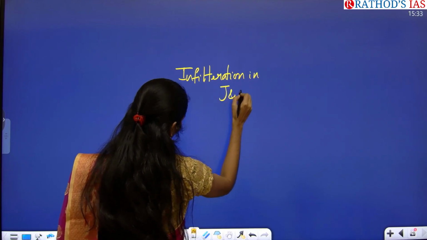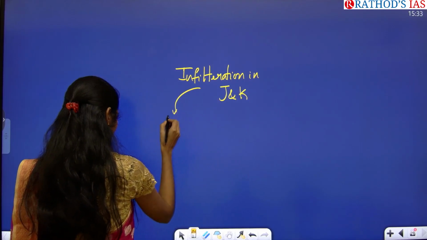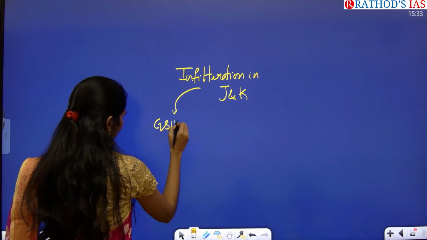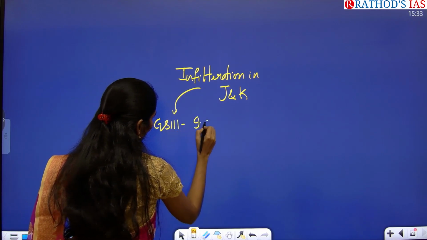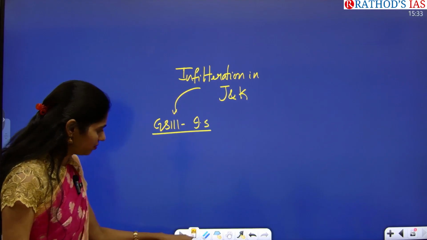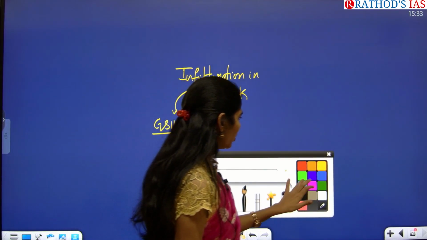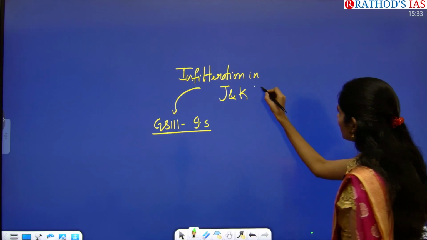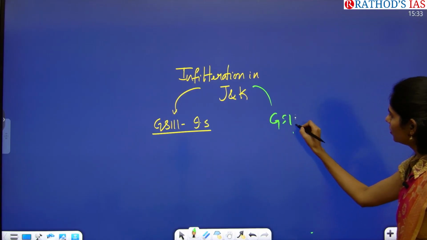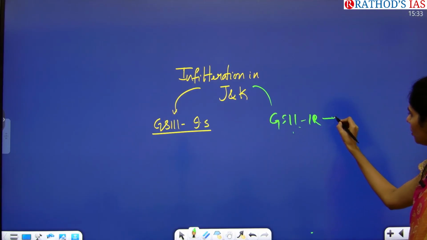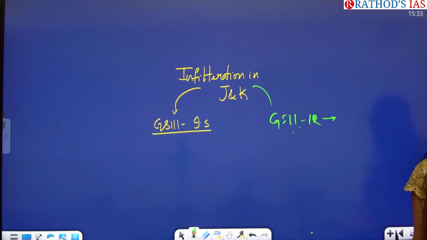From which subject can we relate it? Yes, GS paper 3, internal security. Only internal security, or can we connect with another subject? We have GS paper 2, international relations. We can study it under India-Pakistan relations, right? Yes or no? Yes.